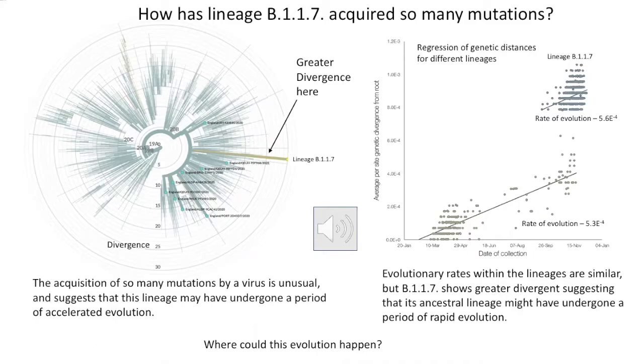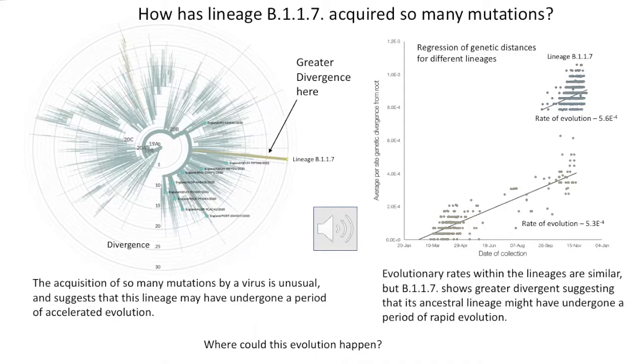We can do this by taking the regression of mutant changes against time for the B117 lineage and all the other lineages independently. A graph showing this is shown in the slide to the right. We can see from these regressions that the rate of evolution in B117 is very similar to that of other lineages.